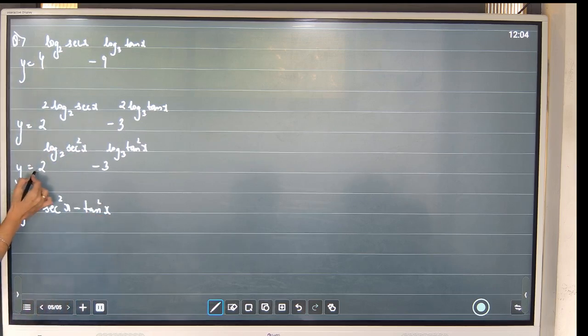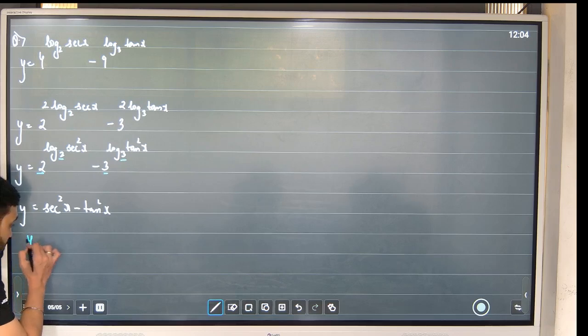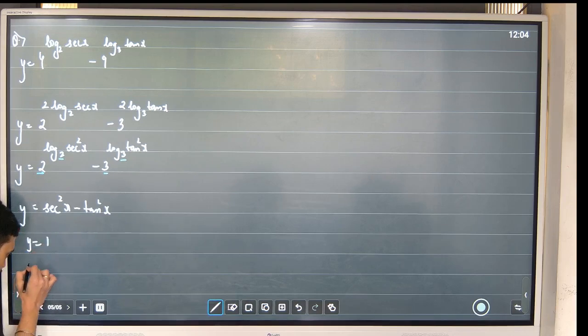Because whenever this base and this base are the same, the entire term gets eliminated and I am left with sec square x. Whenever this base and this base are the same, this entire term gets eliminated and I am left with tan square x. And I also know that sec square x minus tan square x is equal to 1. Therefore, dy by dx is going to be 0. Have you guys understood this? Anybody has any doubts?